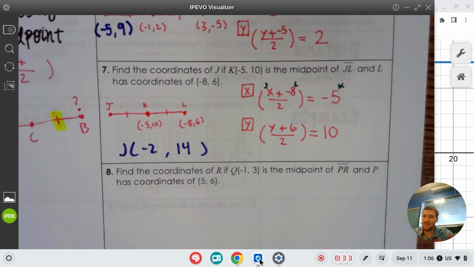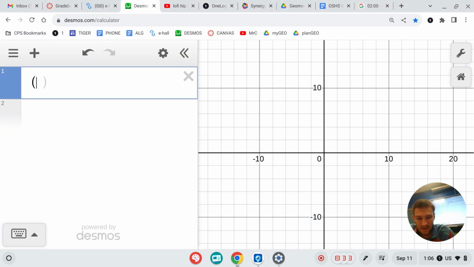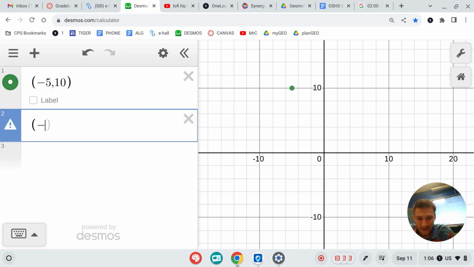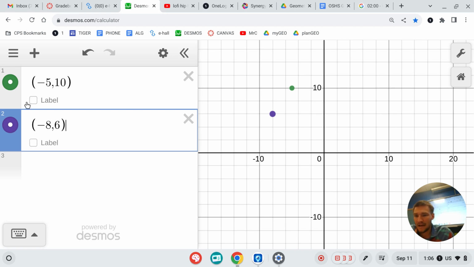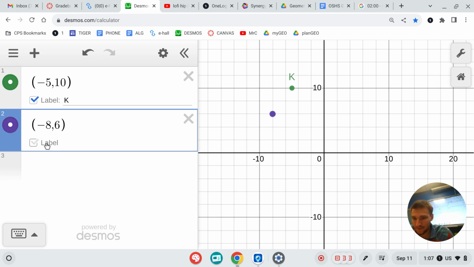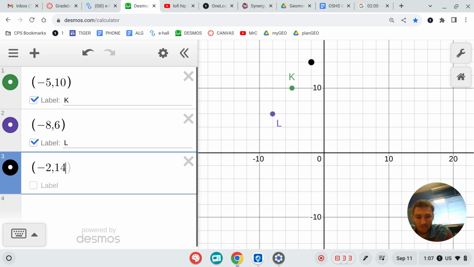And again, just for the sake of being super thorough, you do not have to do this, but just to prove it to you, we know that we have the coordinate -5, 10, and we have the coordinate -8, 6, and that this point right here, the first one, is our midpoint K. Oh wait, label it K. And that this point down here is our endpoint L. And so we're looking for a point that's going to be over in this area, and it's going to be called J. We figured out that J was probably -2, 14.